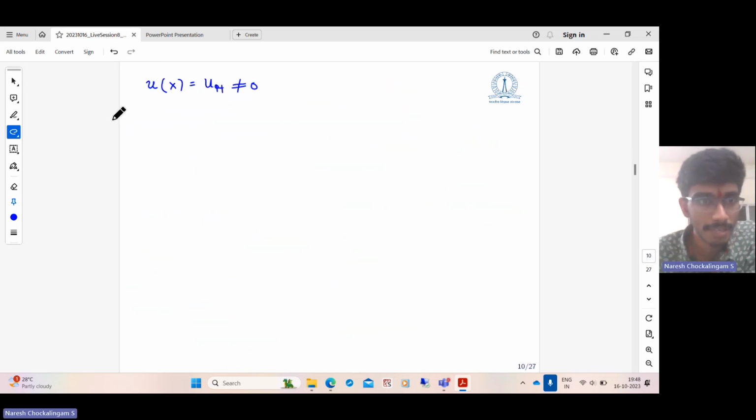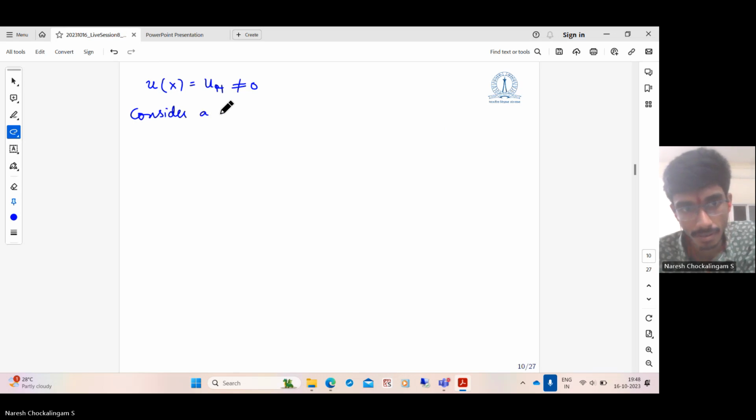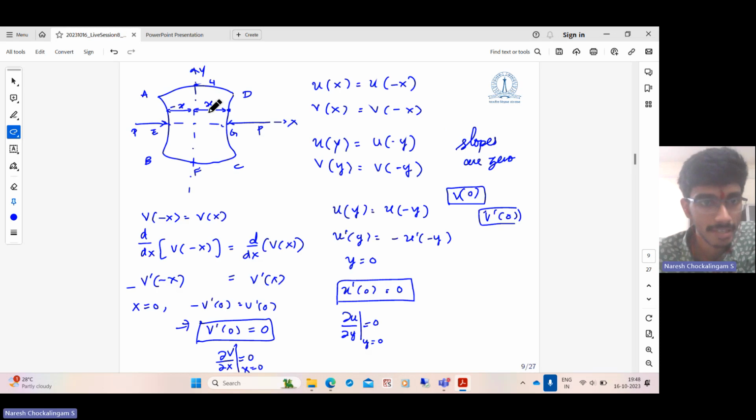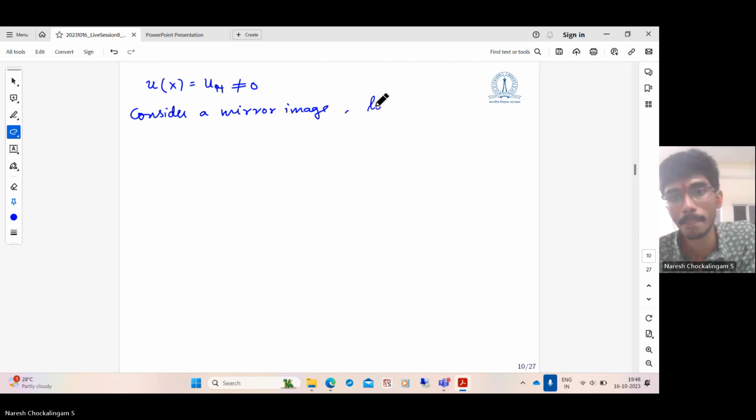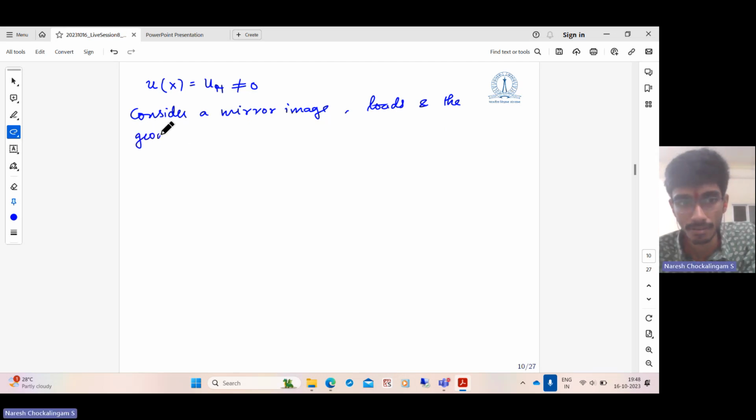Now consider a mirror image of the structure. If you consider a mirror image, the loads, the geometry and the boundary conditions remain the same.